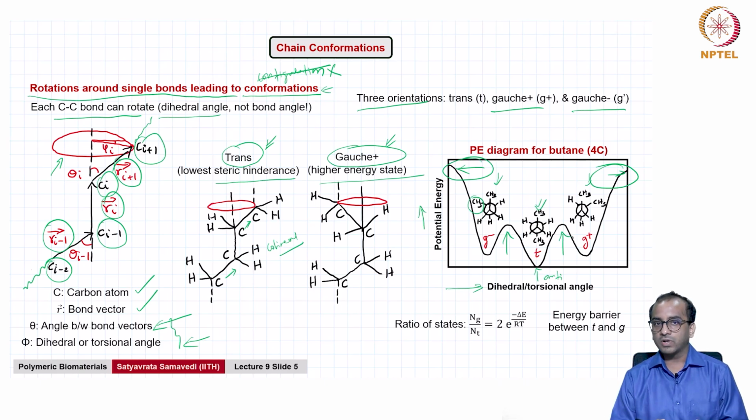So, slightly lower energy compared to the CH3 eclipse, but again these states, because they are higher energy, will not be favored easily from a steric hindrance perspective.